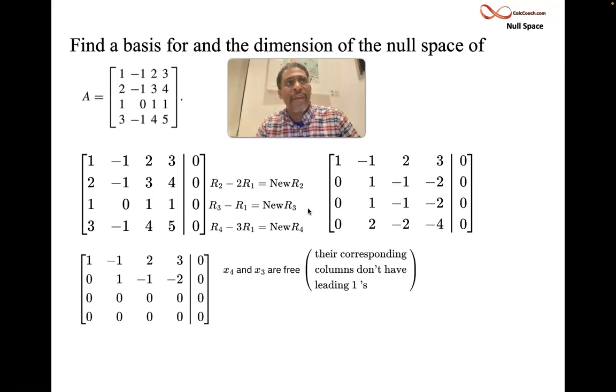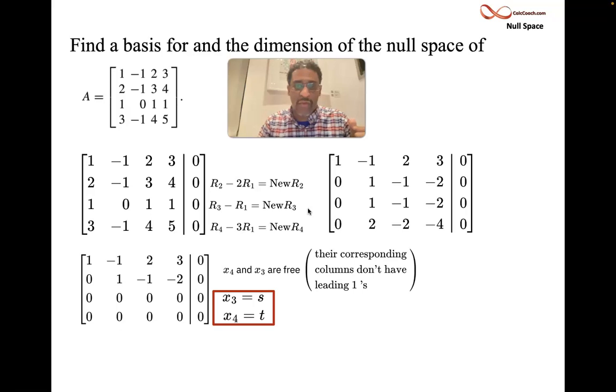What we do there is we pick some parameters and let the parameters stand for those variables. So let's pick S for x3 and T for x4. The second row is an equation in disguise involving x2, x3, and x4, but we know that x3 is S and x4 is T, so we can solve for x2.